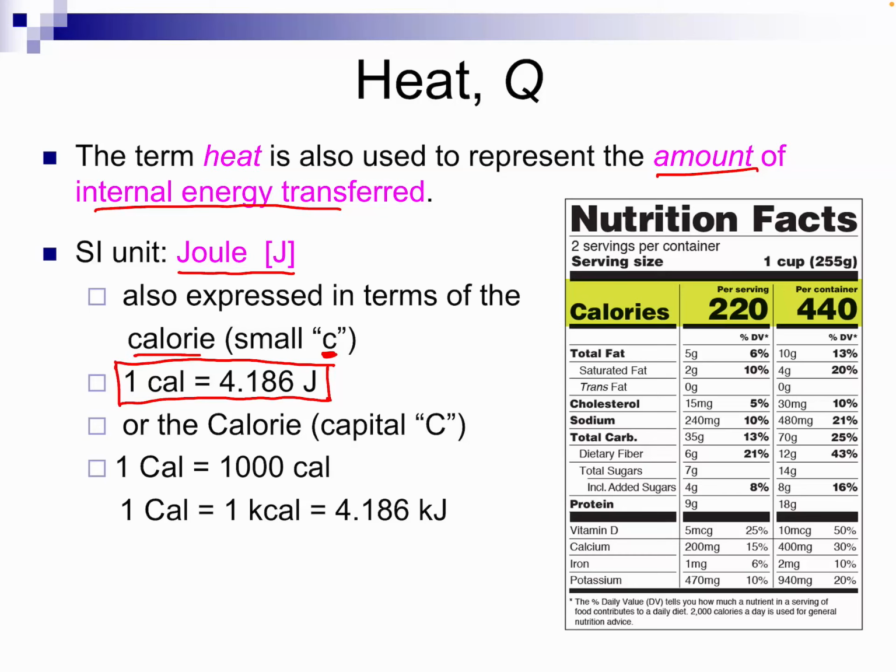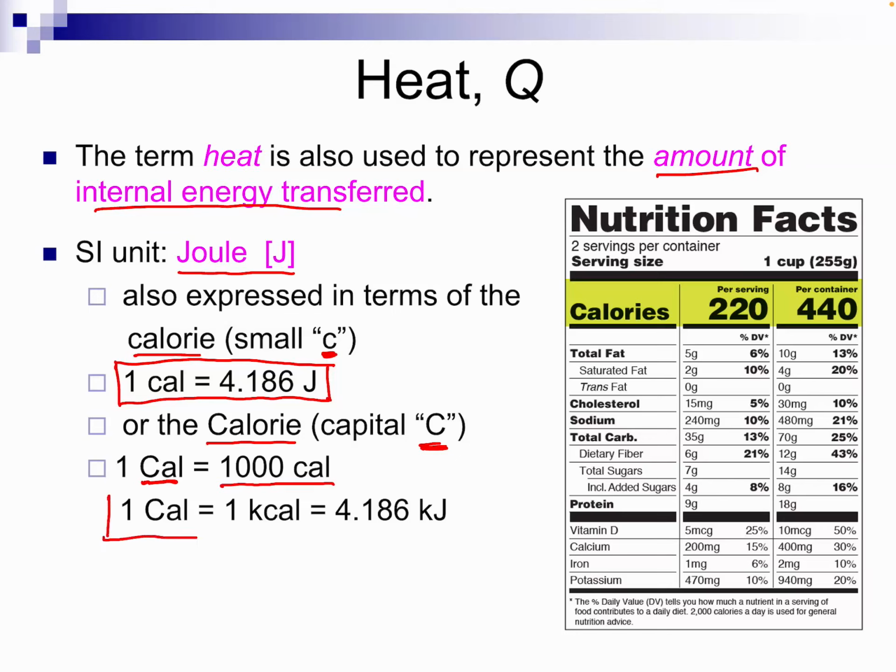To complicate matters a little bit, there is also this calorie with a capital C, which is most commonly used in measuring the energy released by food when food is burned or digested or metabolized. The calorie with a capital C is simply equal to 1,000 calories with a small c.